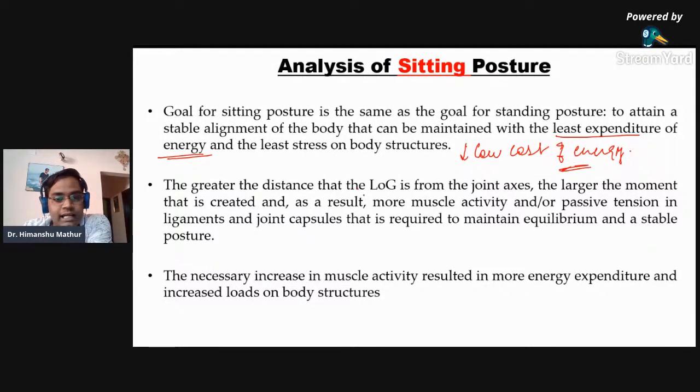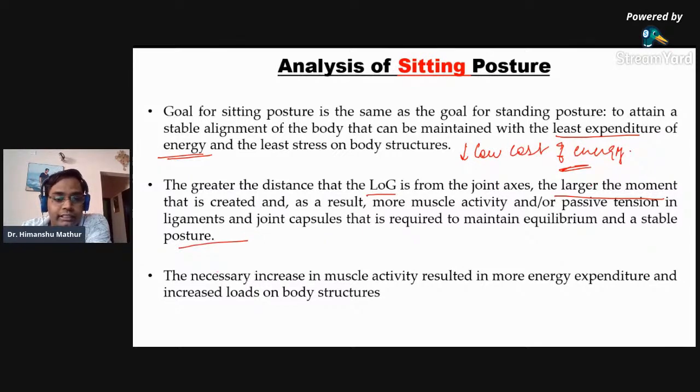The greater the distance the LOG is from the joint axis, the larger the moment created by the external load, that is the body weight, such that our internal forces have to increase to counteract it. Now, more muscle activity and or passive tension in the ligaments and the capsule is required to maintain the equilibrium at this point of time.